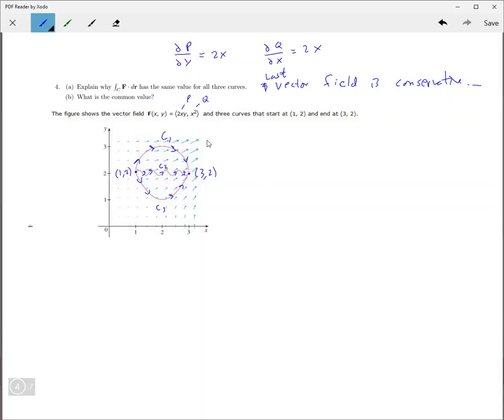Okay, then the second one is asking what is that common value? So what should we do for that? What should we do to figure out what the common value is?